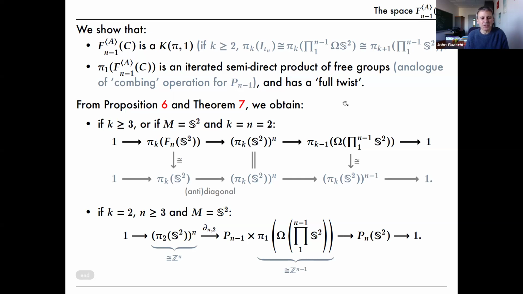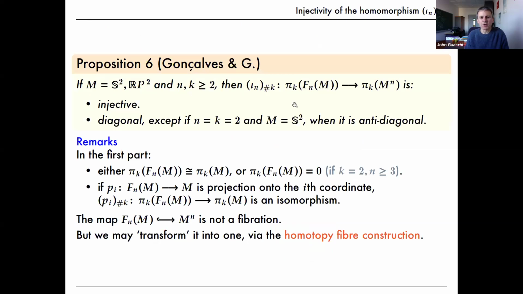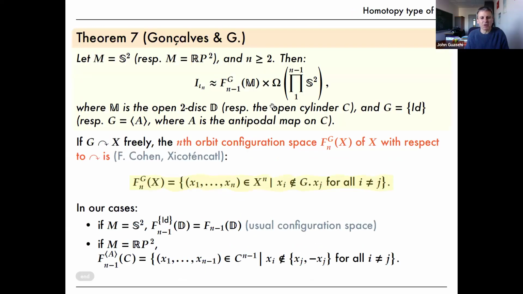So as consequences of the previous two results, let me just recall what they were. This was the homomorphism induced by the inclusion IN, and the theorem that says that the homotopy fiber of IN has the homotopy type of this Cartesian product.